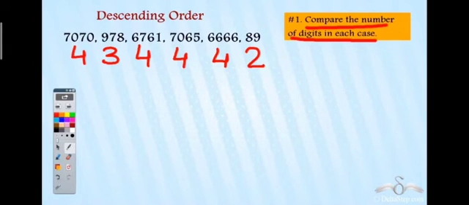Now from this, what can we see? We can see that 4 numbers have 4 digits and 2 numbers have less than 4 digits. One has 3 digits and one has 2 digits. So here we are arranging the numbers in descending order, and in descending order we have to arrange the numbers from biggest to smallest.